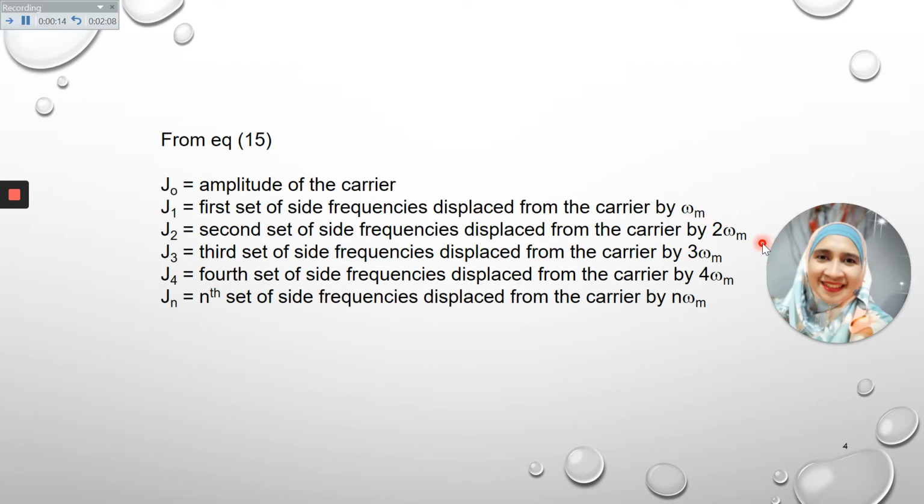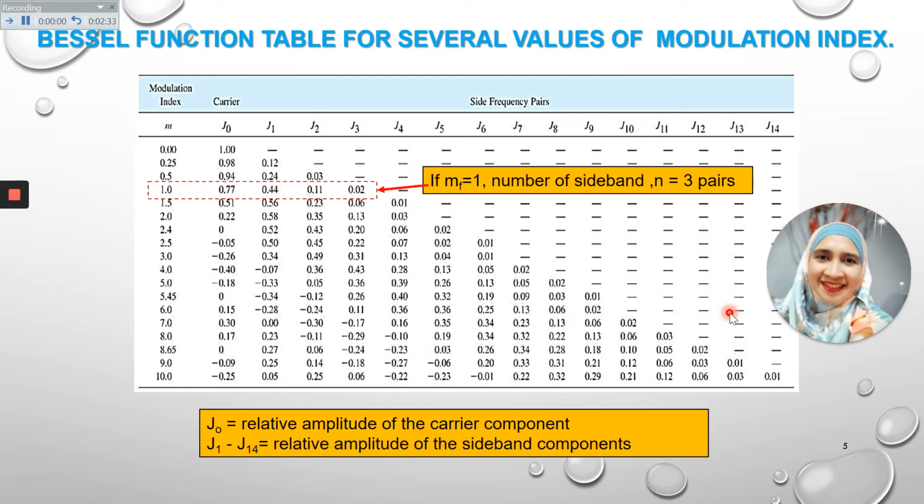J2 is the second set of side frequency displaced from the carrier by 2 omega m. J3, the third set of side frequency displaced from the carrier by 3 omega m. Therefore, up to the nth number, Jn, n set of side frequency displaced from the carrier by n omega m.